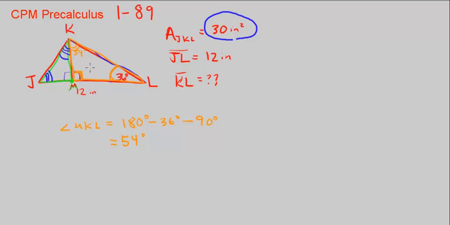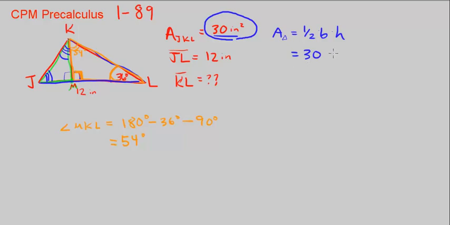So what else can we do with this triangle? Well, we know the area. The area of a triangle is equal to 1/2 times the base times the height, and we're told it's 30 inches squared. We know the base of this triangle is 12 inches.